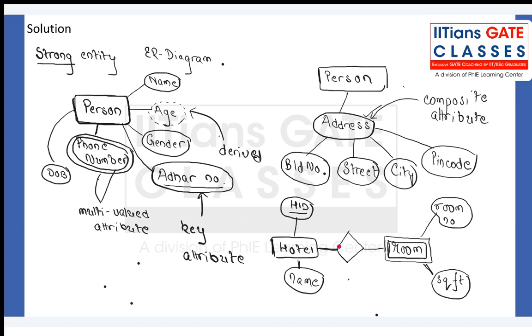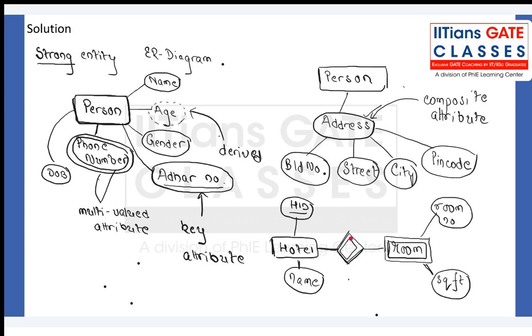And since hotel identifies a room, because if you're just given the room number, you actually won't be able to identify the room, you also need the hotel ID, it is also called an identifying relationship.